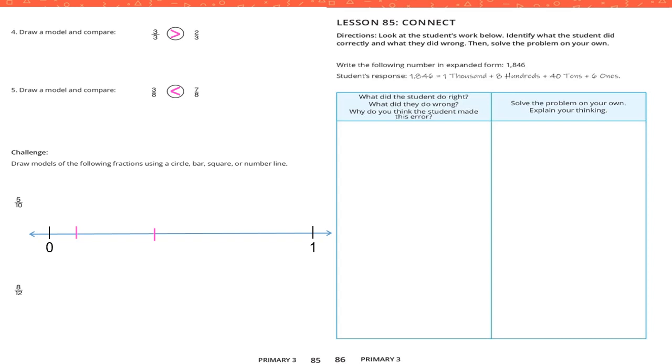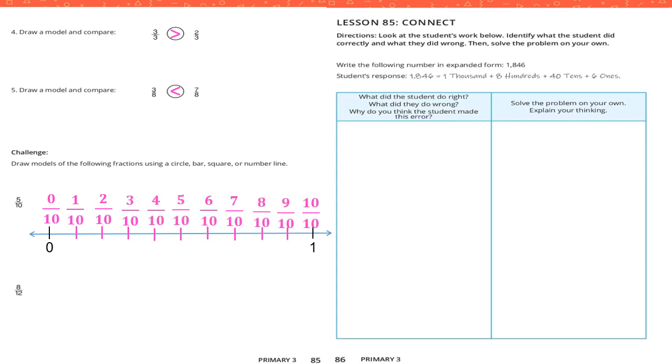Yes, 9 dashes. Let's label each dash by its fraction. Finally, let's represent 5 over 10. Remember, you should start from the starting point 0 till our fraction 5 over 10.